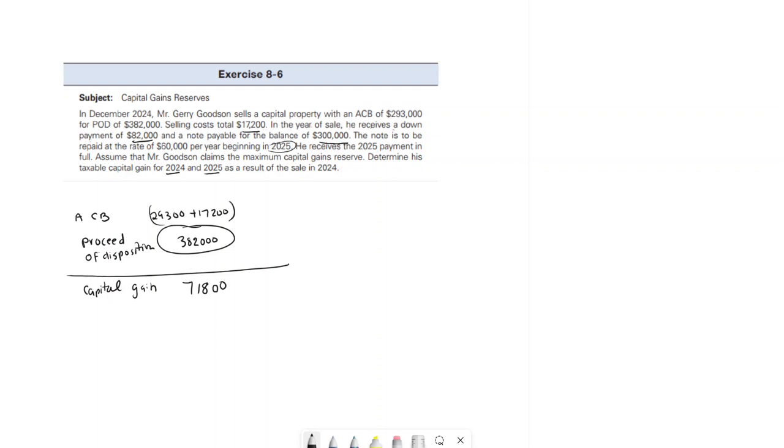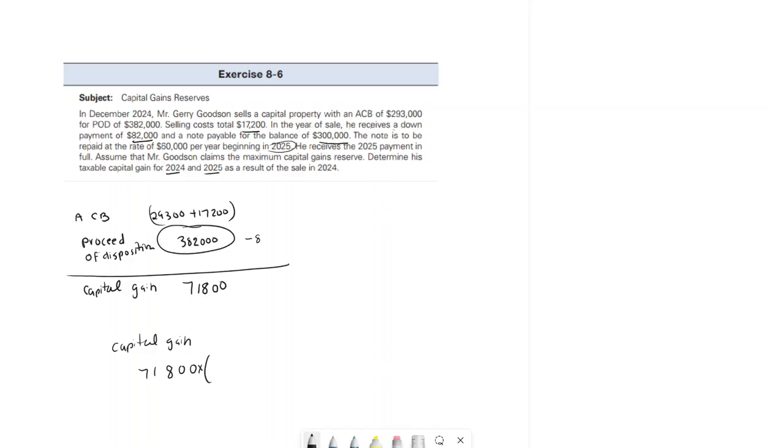When you do a reserve, we look at my capital gain. So what is my capital gain here? 71,800. And we have to take that number and multiply by a fraction. If you look at it, we sold our property for 382.